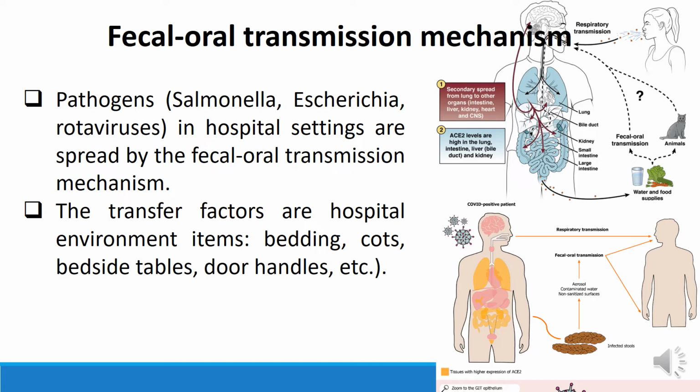It is, for example, contact with the source of infection, direct contact. It may be contact through hands. It may be other factors of transmission, for example, food, water, and hospital items.